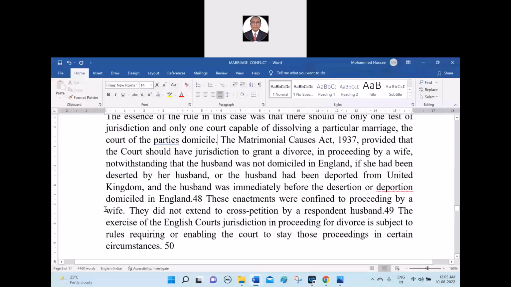So these enactments were confined to proceedings by a wife. Now the position is, they can take the divorce in any country, provided the ground for the divorce is based upon the law of their domicile. That is the only condition.